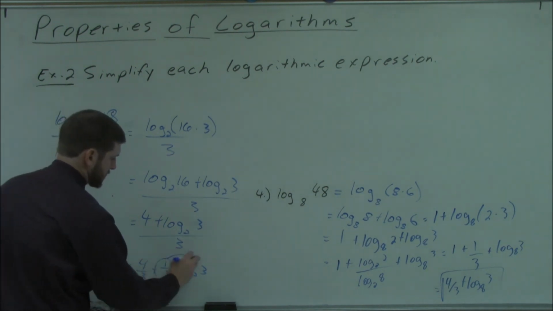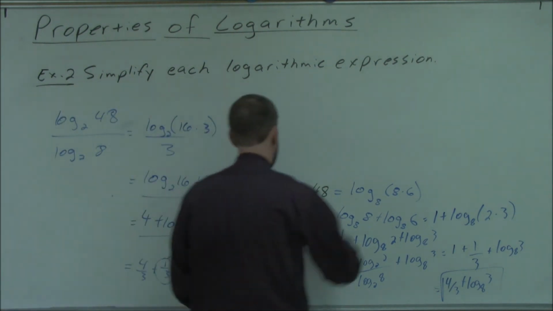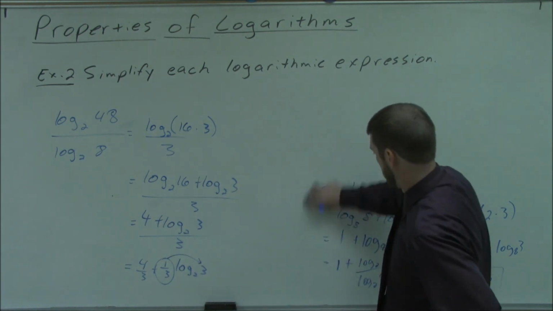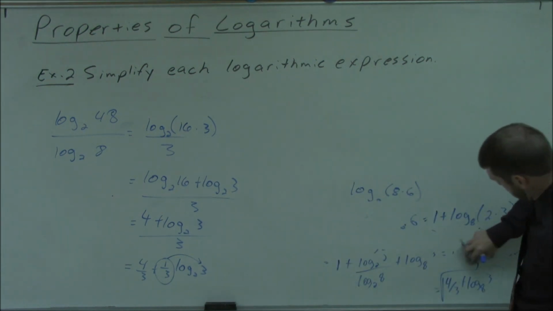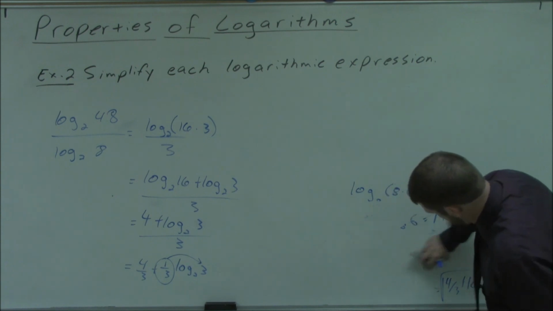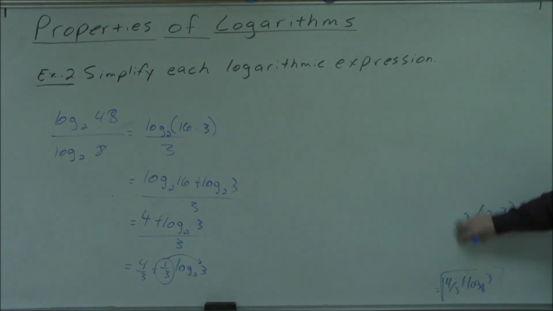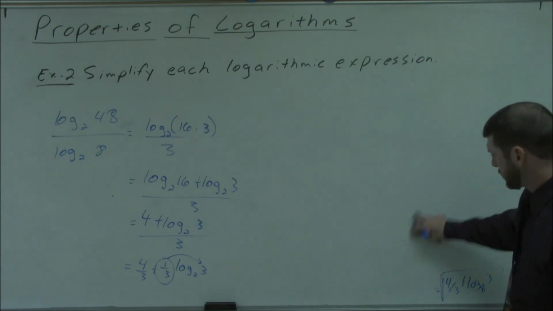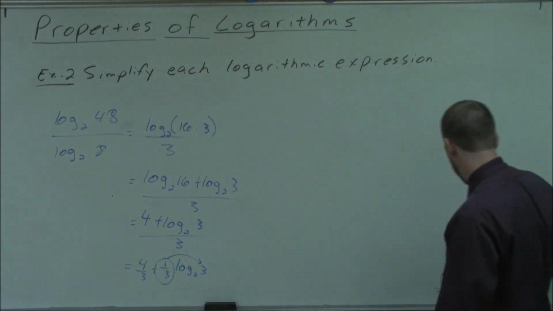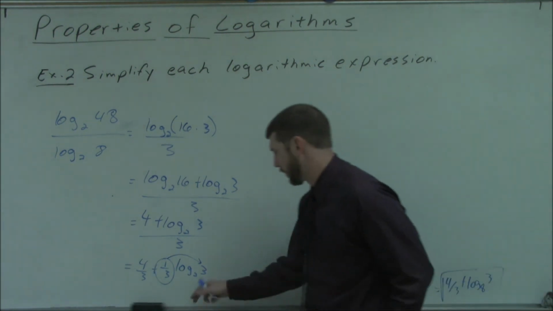And we can use our exponent rule here, which, the 4/3 showed back up just like it should have. Your rational stuff will always show up the same. It's just the version of logarithm that you end up working with.